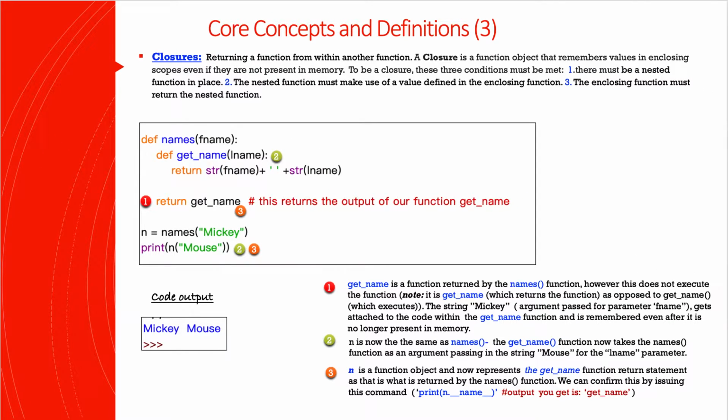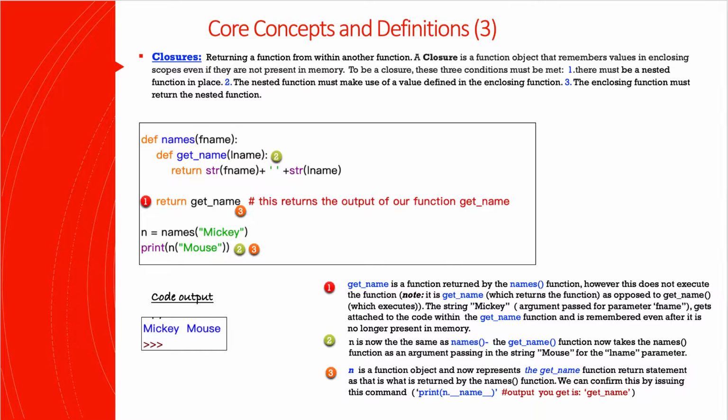Okay, so now we'll jump into closures. And this is going to propel us even closer to our end goal, which is to really understand inside and out what decorators are. So returning a function from within another function is a closure. A closure is a function object that remembers values in enclosing scopes, even if they are no longer present in memory.